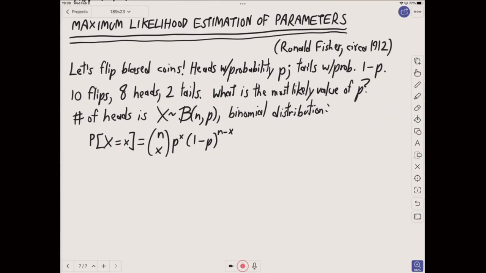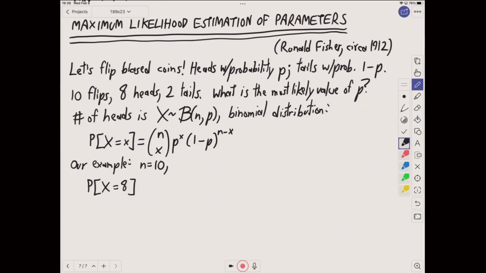In the example that we're working through right now, n is 10. And so little x is 8.